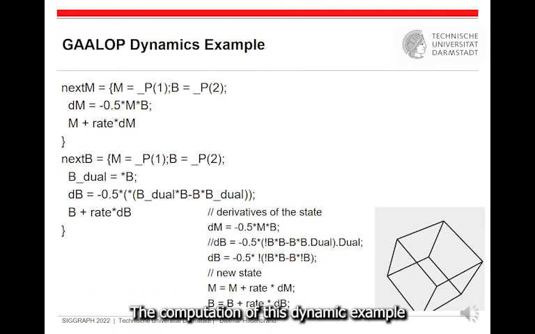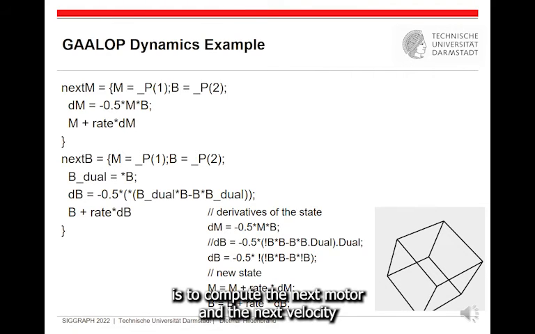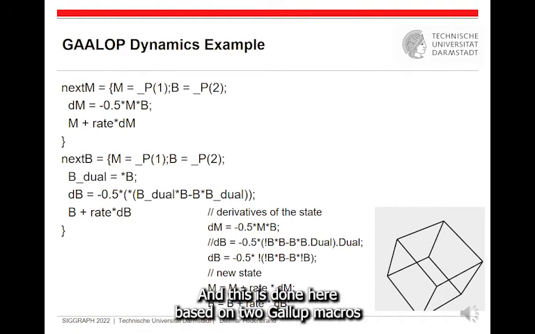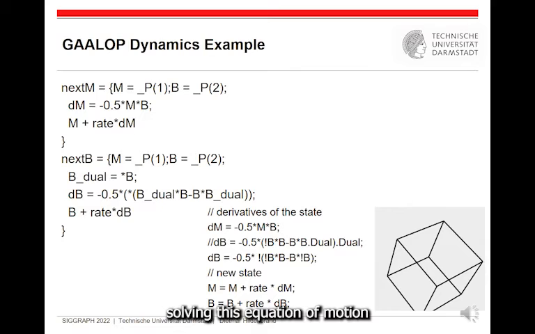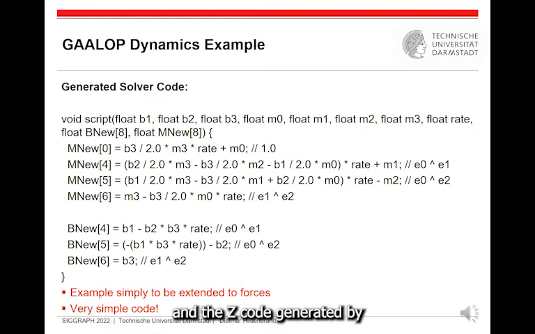The core computation of this dynamics example is to compute the next motor and the next velocity in this Euler scheme, and this is done here based on two Gallop macros solving this equation of motion. And the C code generated by Gallop for this example looks like this.